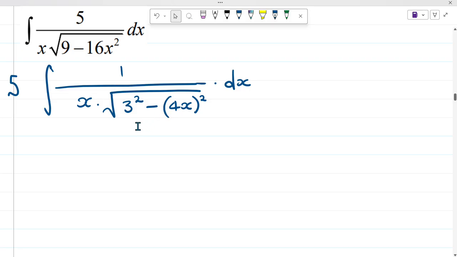So now I can see that this format, when I check on my formulas, is going to be that one of hyperbolic what? So I've got my a squared minus, that is going to be my hyperbolic sec, right?